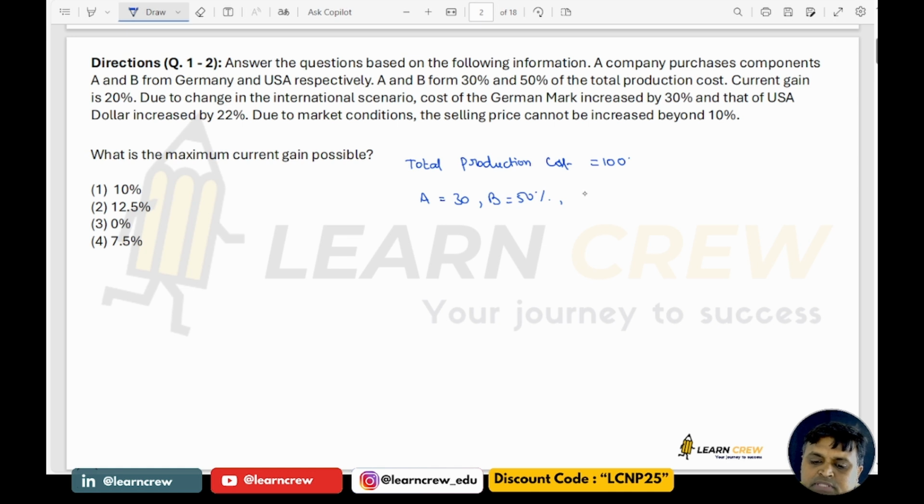So what about the other expenses? Out of total production cost 100 rupees, component A is 30 and component B is 50, and other than A and B components, other expenses are 20.